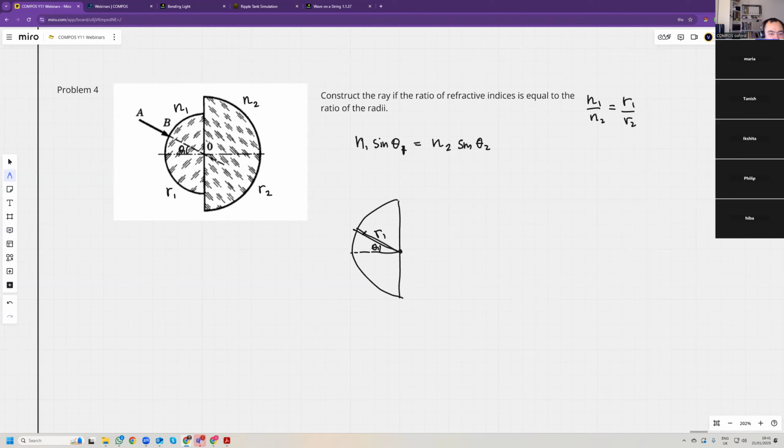And let me just draw another line here and call that x1. x1 is the distance from this line to point B. Point B is where the ray enters the glass. And I can write that sine θ1 is equal to the opposite, x1, divided by the hypotenuse, which is R1. That might come in useful.